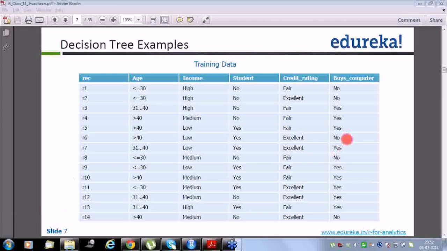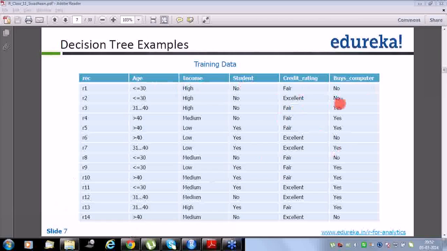So assume that we need to predict whether a particular person whose age is less than 30, income is high, who is not a student and has a fair credit rating, will buy the computer. What is the probability that he will buy the computer or not? So buys computer is the dependent variable that we need to predict.